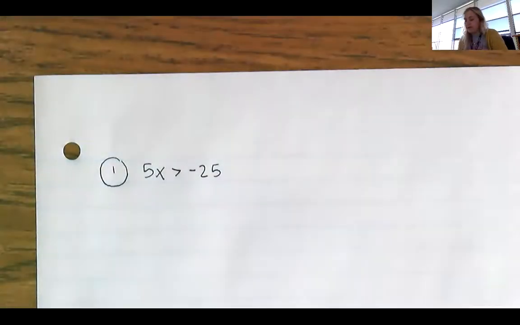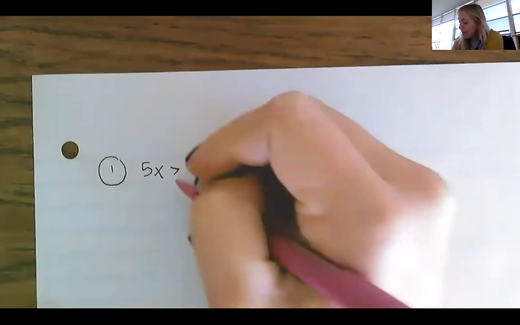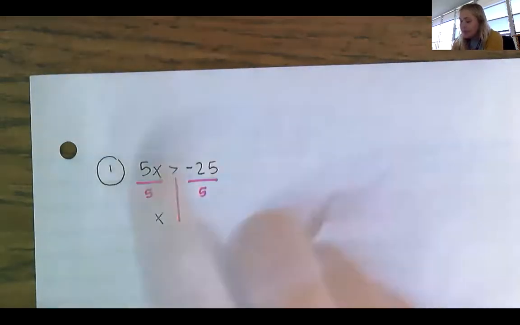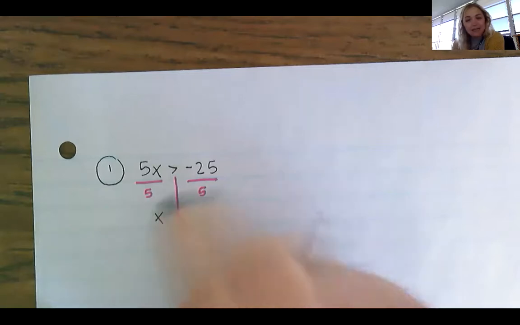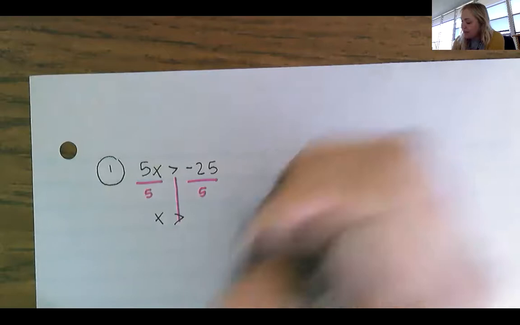When I solve a problem like this, and this is on your paper as well, yes, you are showing your work, I am going to divide both sides by 5, and I get x. And then remember, I didn't divide by a negative, so my symbol in the middle stays greater than. Negative 25 divided by 5 is negative 5.